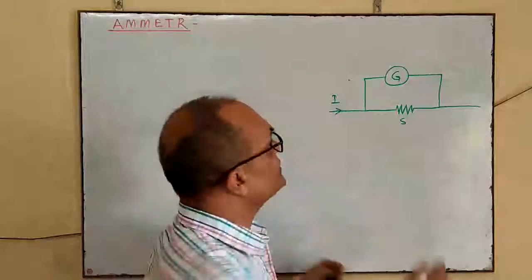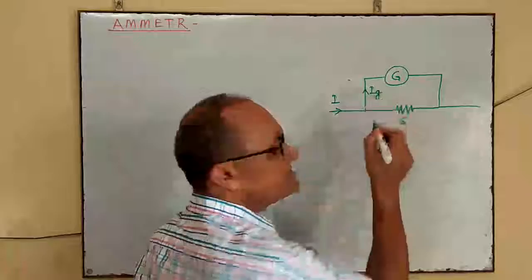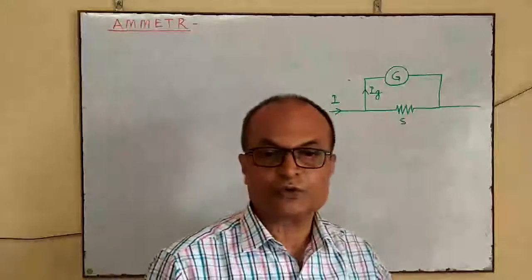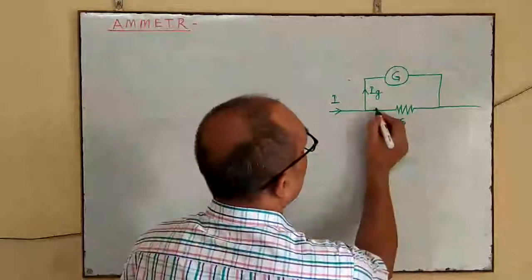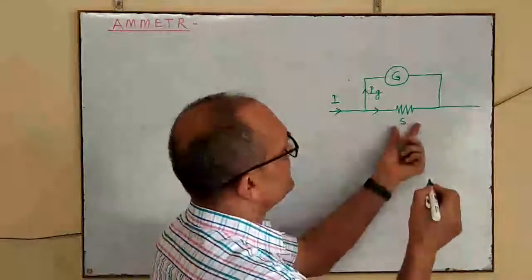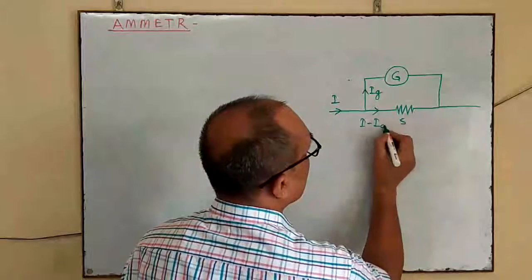Suppose Ig is the magnitude of the current flowing through the galvanometer. So current flowing through this shunt will be I minus Ig.